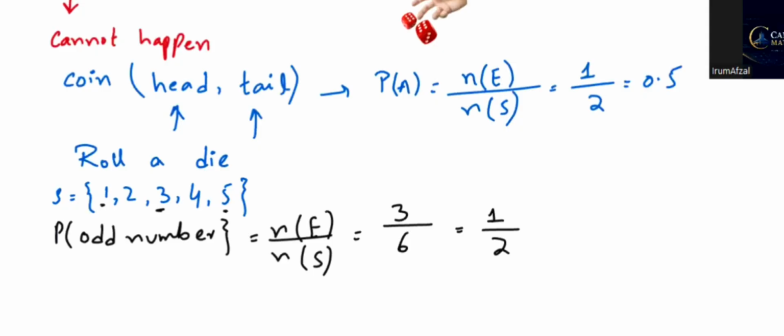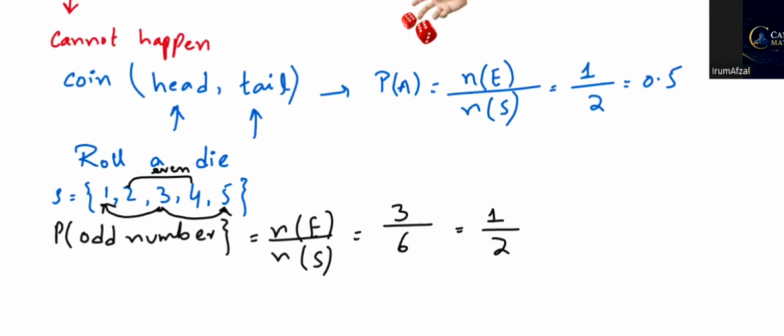So there is an equal probability of getting an odd number or an even number, because if you see 2, 4, 6, these are even numbers, and the numbers I'm talking about here are odd numbers. So 1 over 2 is the probability of getting an odd number.